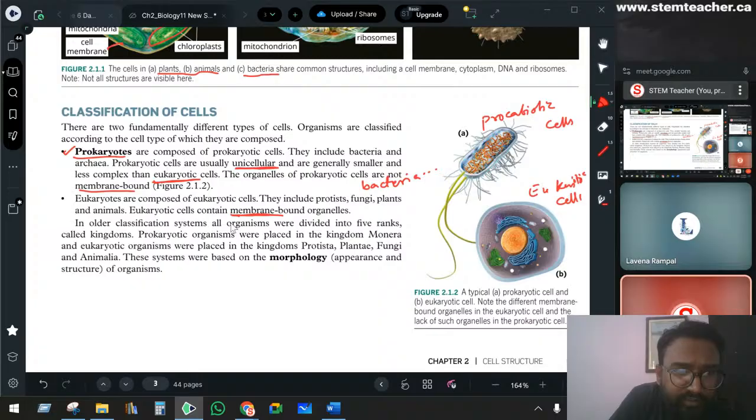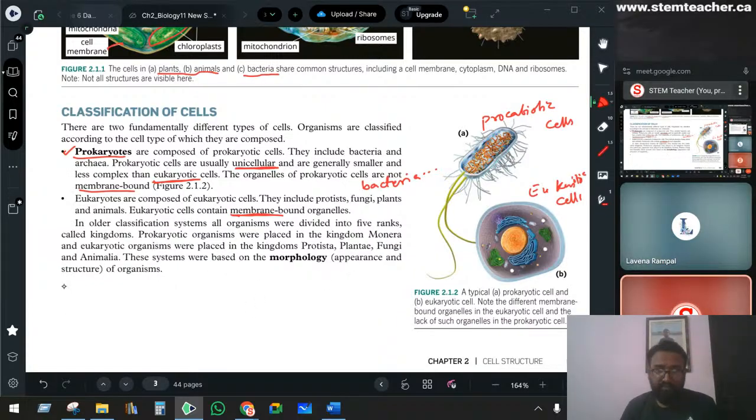The older classification system of all organisms was divided into 5 ranks called kingdoms. Prokaryotic cells were placed in the kingdom Monera, and eukaryotic organisms were placed in the kingdoms Protista, Plantae, Fungi, and Animalia. These systems were based on morphology, appearance, and structure.